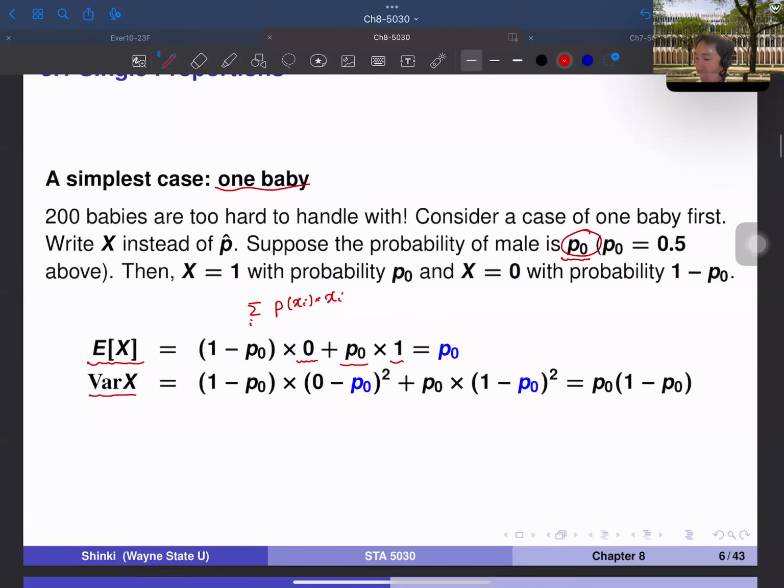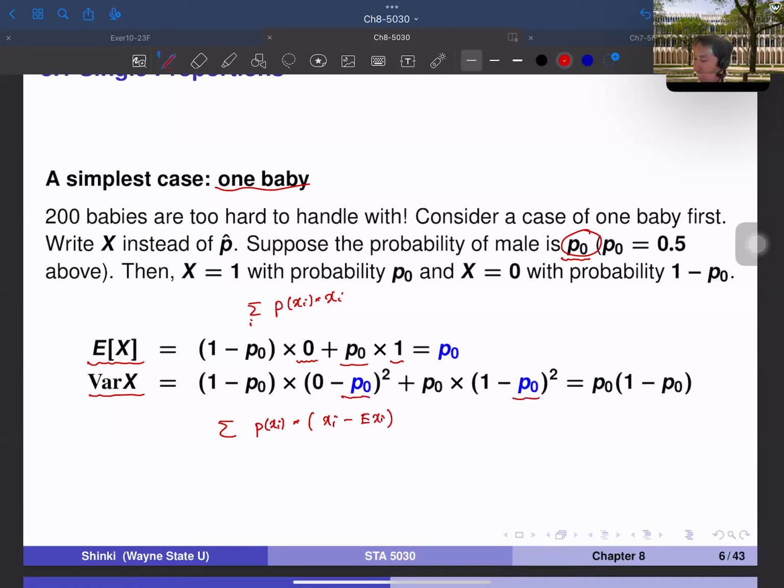And what is the variance of x? The variance of x is basically the summation of probability of xi times xi minus expectation of xi, squared. And expectation of xi is p naught, so I plug in p naught.